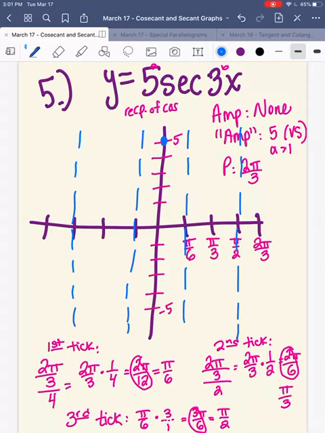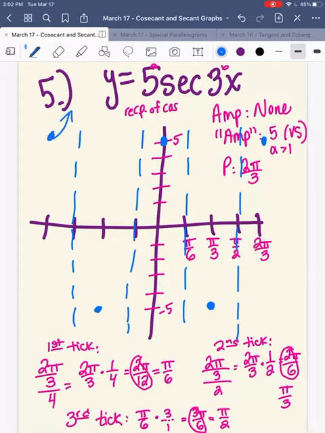Do y'all see how I thought through that? I reviewed the information I know about cosine, that it starts up, and then I got my asymptotes set. The asymptotes will always be every other one, okay? If you think about what cosine does, it makes a W, so it goes down on both sides. We go down on both sides here, and then we have to go back up on the other ones.